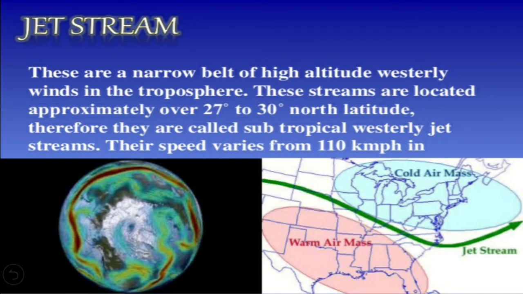So these winds blow at a greater altitude in the troposphere, and they are located approximately 27 degree to 30 degree north latitude. So therefore they are called subtropical westerly jet streams.